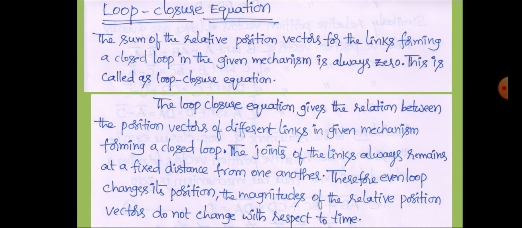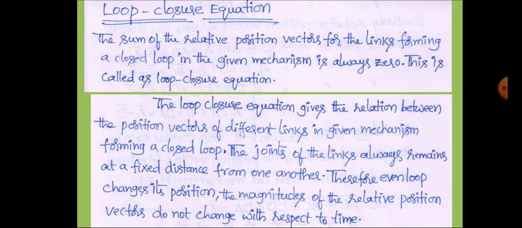That is what the statement clearly tells. What is the statement of the loop closure equation? The sum of the relative position vectors, relative, not absolute. So the sum of the relative position vectors for the links forming a closed loop in a given mechanism is always 0. This is the statement of the loop closure equation.